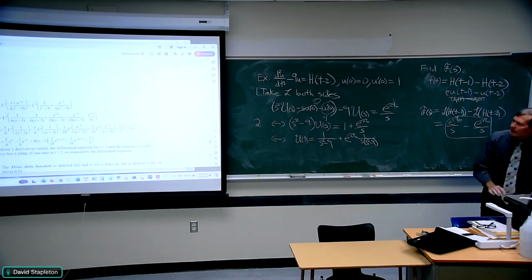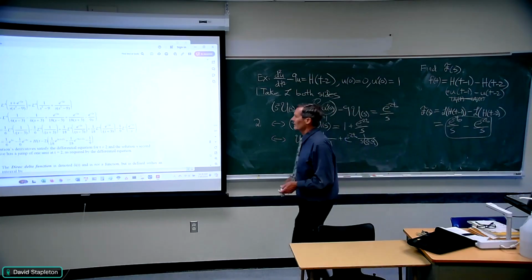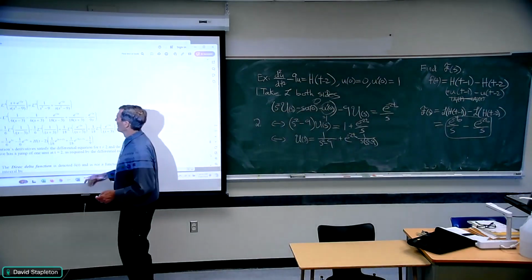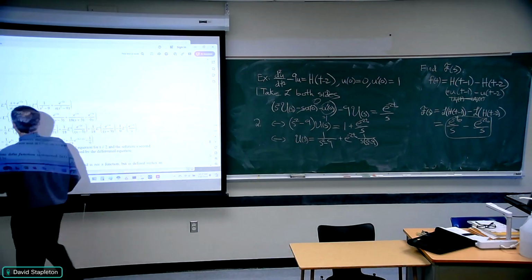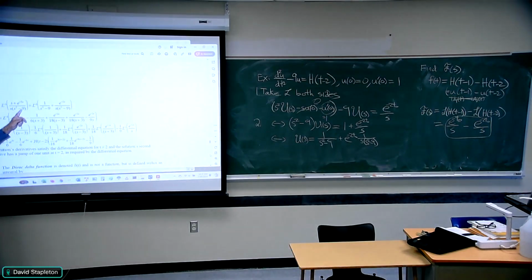And now I want to inverse transform it. So what I'm going to do is expand this, and this is where we hate to do these partial fractions by hand. Once you start to get past quadratics, it gets complicated.